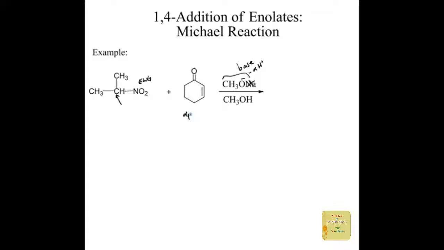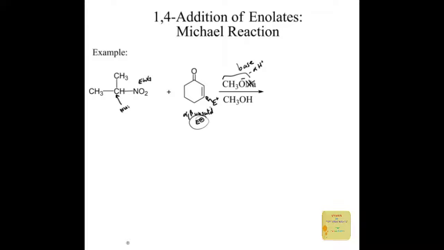As soon as you see your alpha beta unsaturated system here, you know that's going to be your electrophile. And you need to look elsewhere for a nucleophile to attack it. So it's going to be an electrophile at the beta carbon. I'm going to deprotonate over here at this alpha carbon. That's going to be my nucleophile.